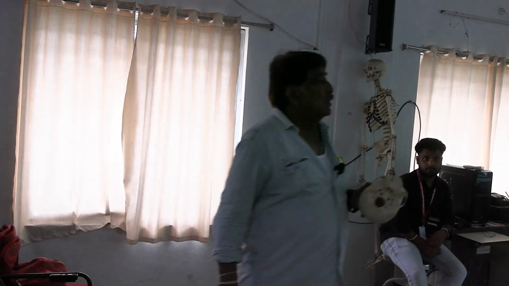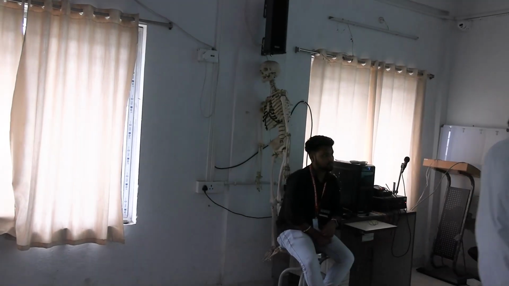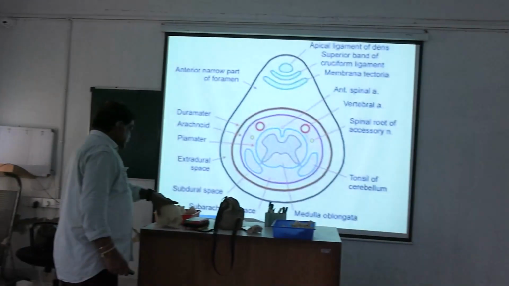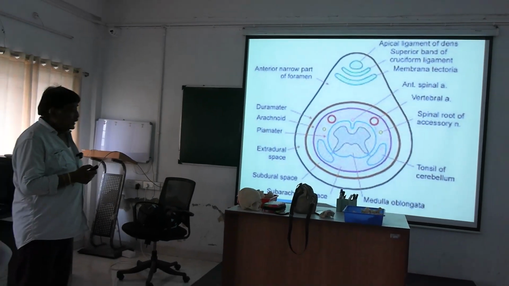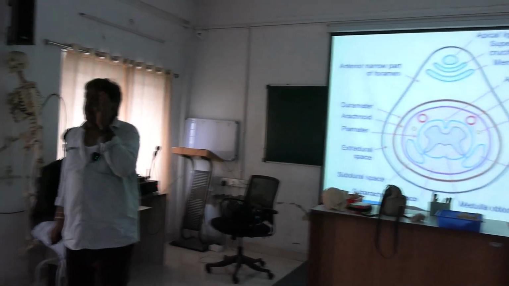Now, again I repeat, because this is a very common question. If you are asked to hold a brain and spinal cord, or you have the brain with the medulla oblongata and the cerebellum, then they will ask you, what are these structures?